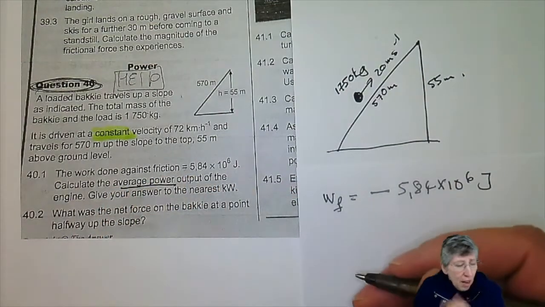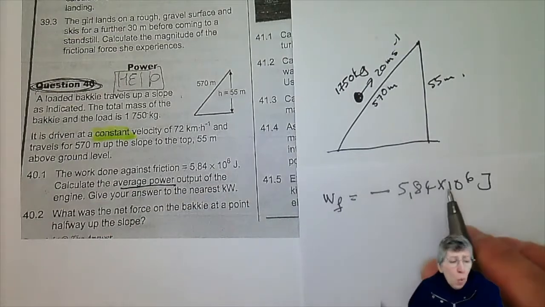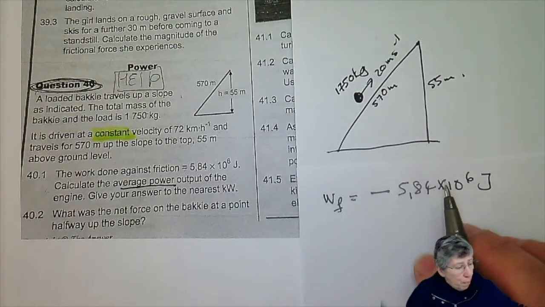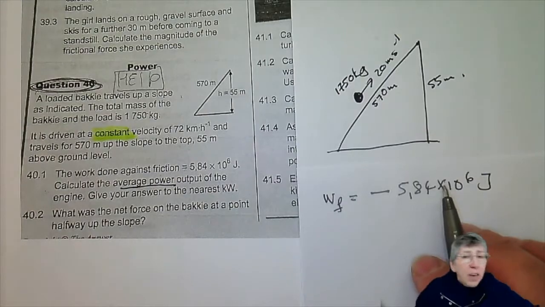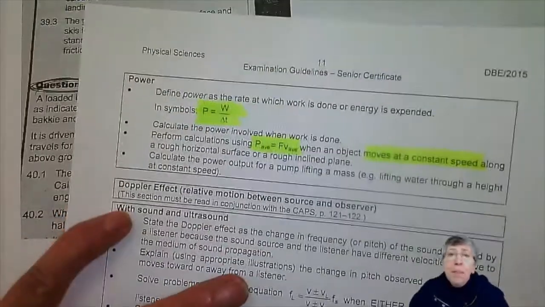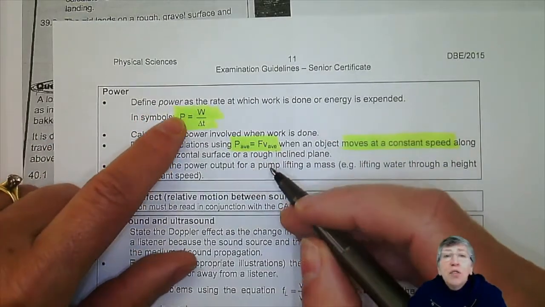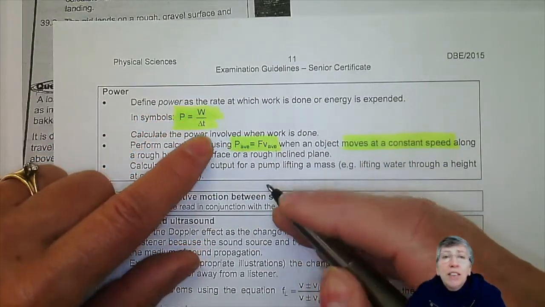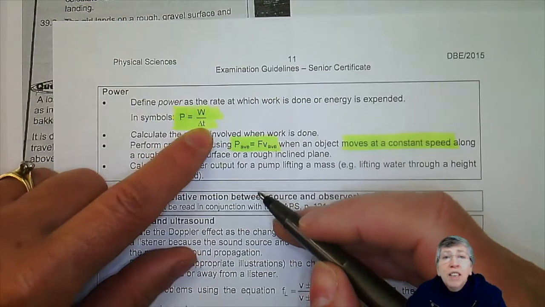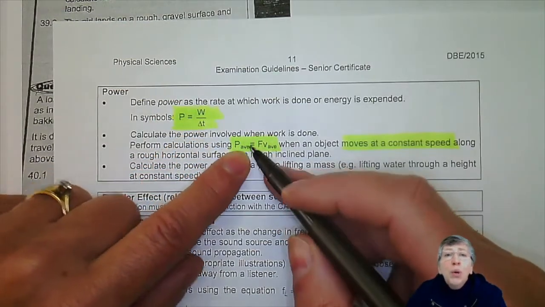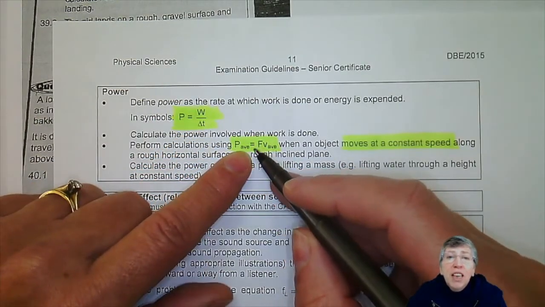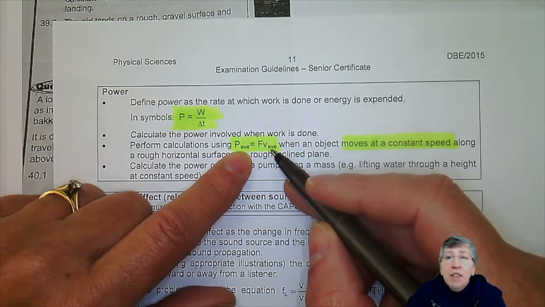Now let's think, for power, what equations do we have for power? For power, you have two different equations, right? You've got P equals W over delta T, all right? The work done divided by time, or you can use P average equals F times V average, right?